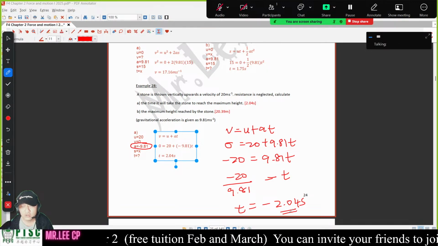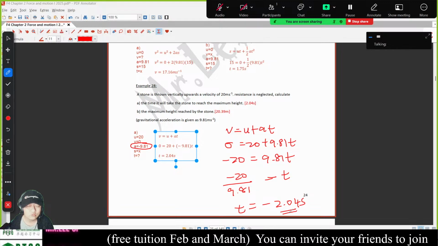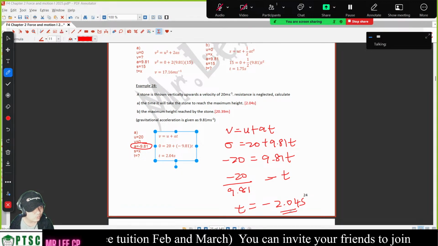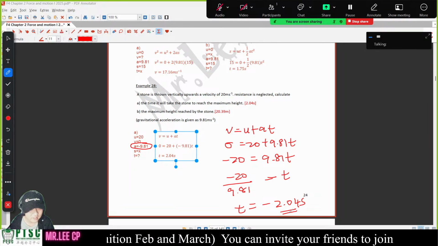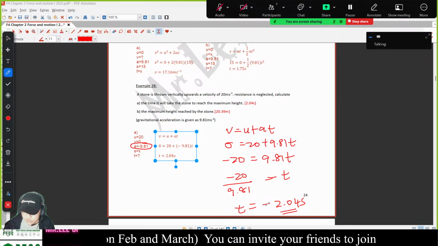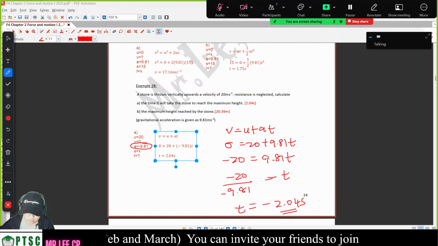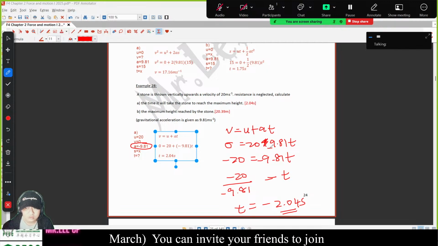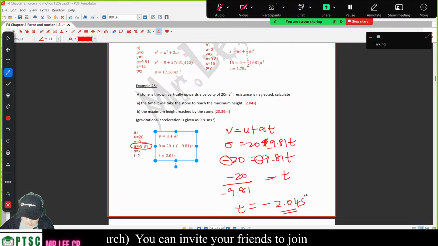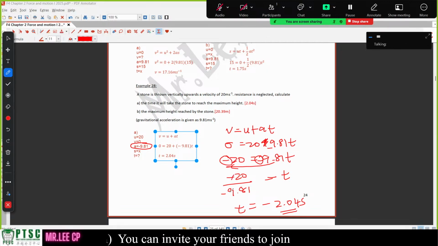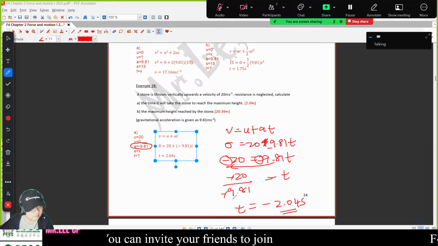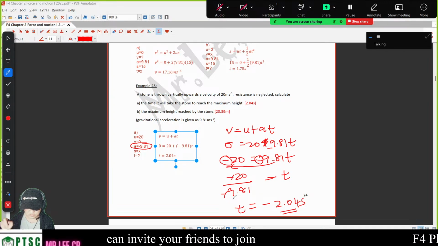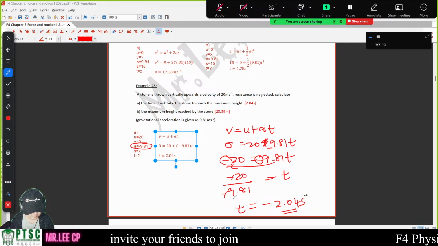Your answer is negative 2 seconds. Time cannot be negative. This one is supposed to be negative, and negative divided by negative is positive. So whenever you see your time is negative, it means your gravity is in the wrong direction.